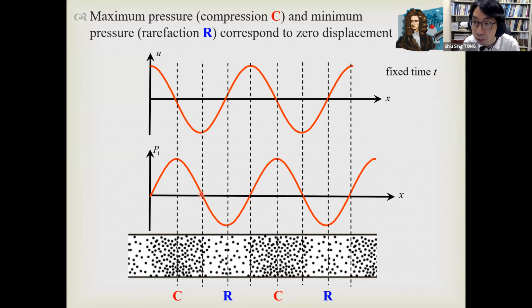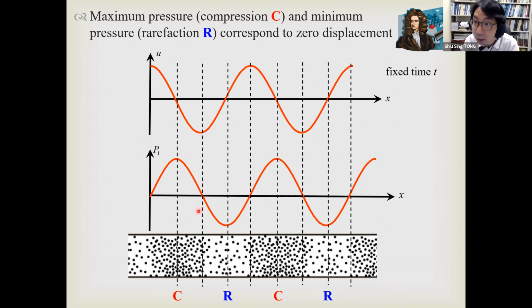The zero disturbance in the pressure corresponds to the largest amplitude, the largest vibration of the air molecules, because they are pi over 2 out of phase. The two sine waves, the pressure wave and the displacement wave, are pi over 2 out of phase. So that's why zero in the pressure corresponds to a maximum vibration of the air molecules.